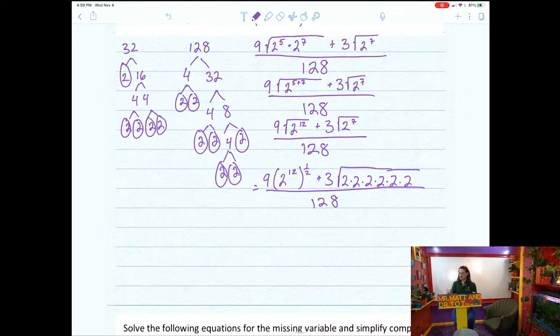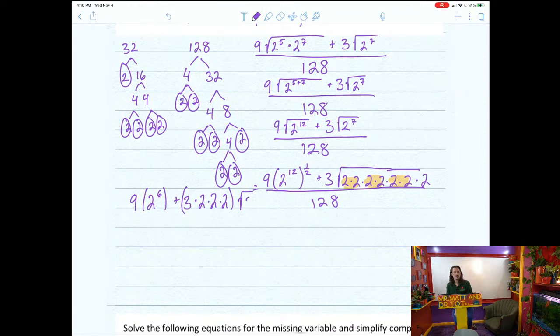And we have these pairs of 2. Oops, I need one more 2 here. That will all come out of the radicand. 12 times 1/2 is 6, so this is the same thing as 9 times 2 to the 6th power plus 3 times 2 times 2 times 2 times the square root of 2 over 128.